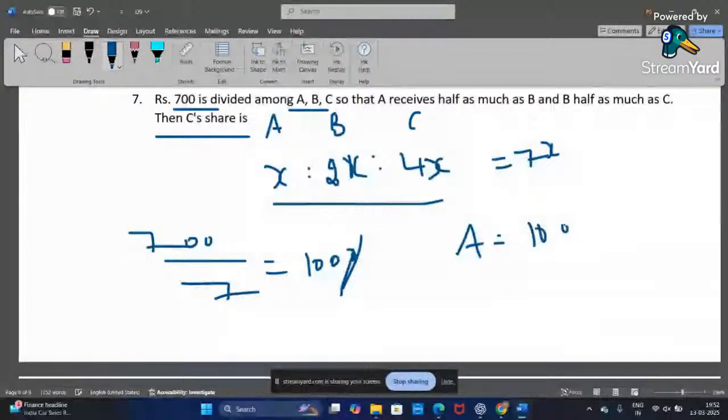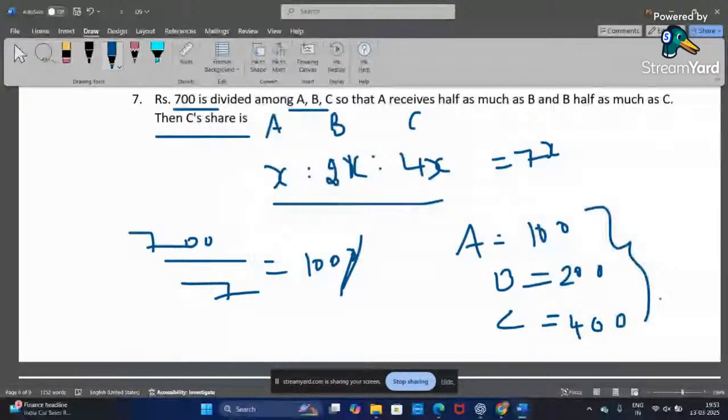B's share is 2x, that means 200. C's share is, they asked only for C's share, but we are solving for A and B also. So the C share will be 4x, so it is 400. Add these 3, we'll get 700. So this is the right answer.